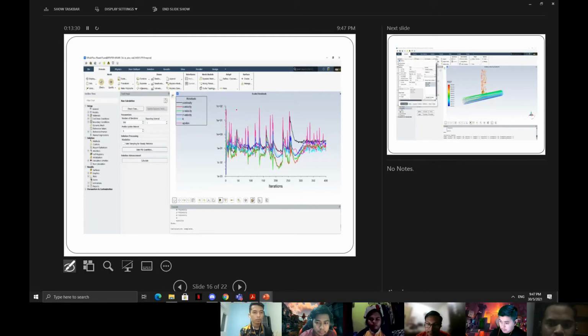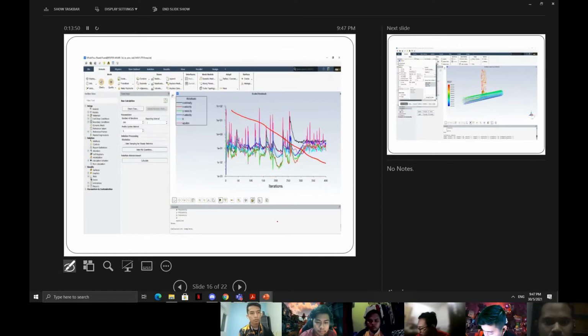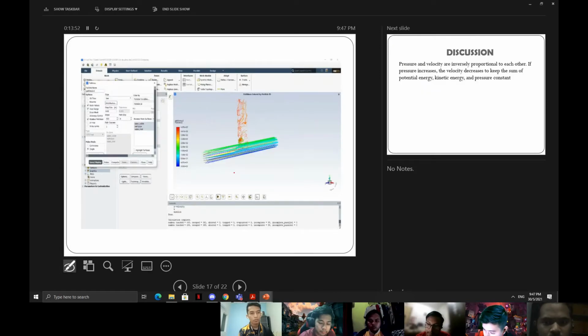The graph maybe has something wrong on the sketch because the graph is not like this. The graph must be smooth like the 90-degree pipe. Next, this is the flow in the pipe.